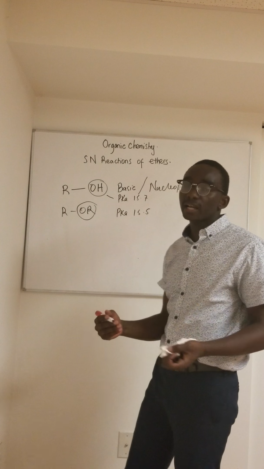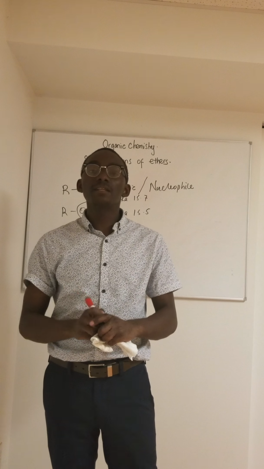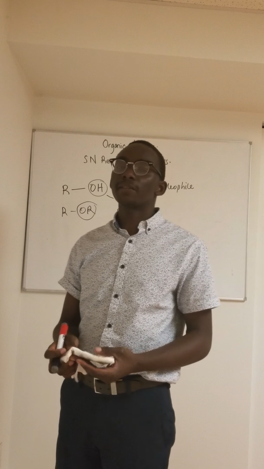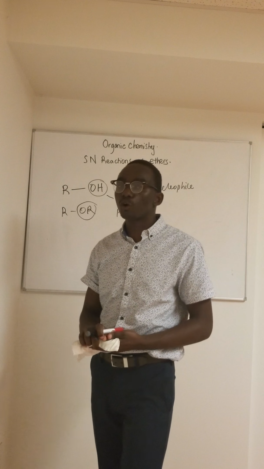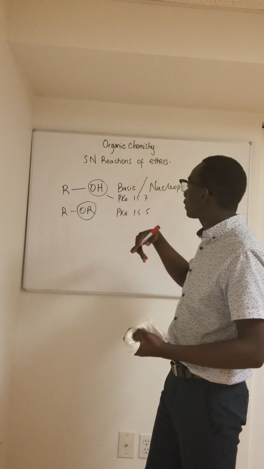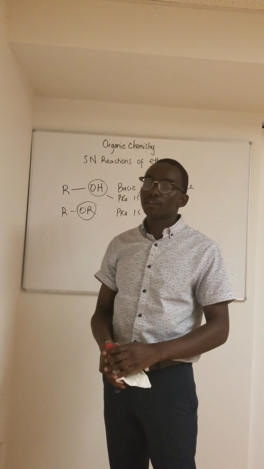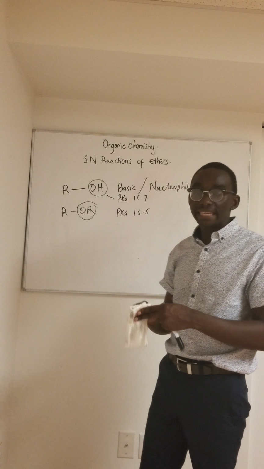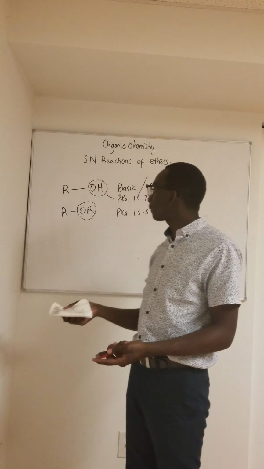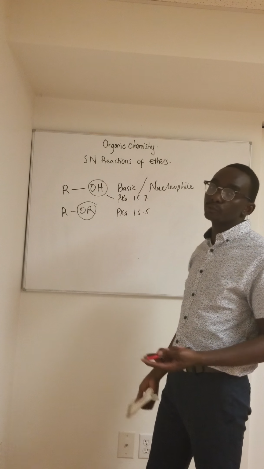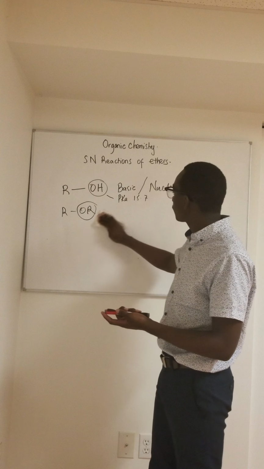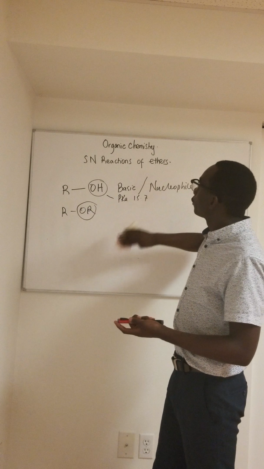So basically they are within the same range, and they both form very strong nucleophiles. In the same way we treated the alcohol, ethers are going to be treated. So let us see how we can make this group a good leaving group so that ethers undergo nucleophilic substitution reactions.